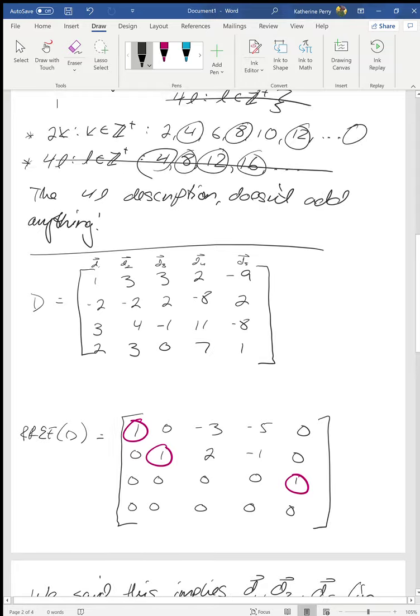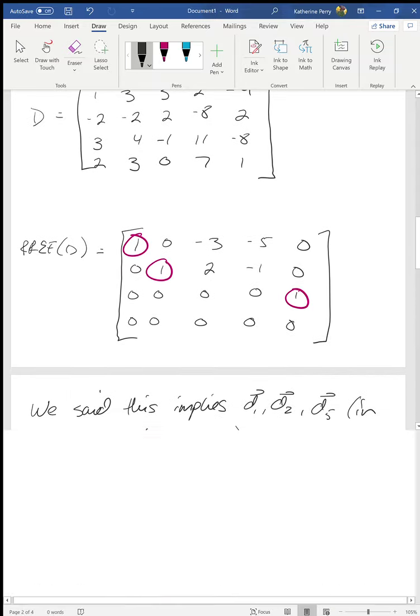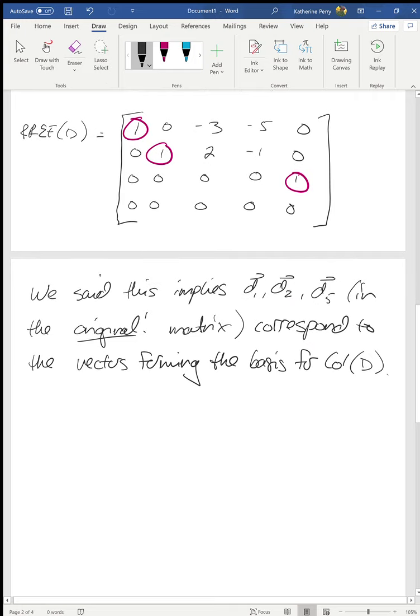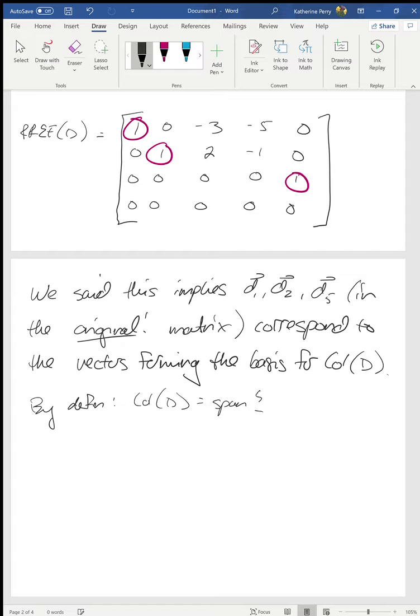And so here, by definition, we know the column space of D is equal to the span of all of its columns, so D1, D2, D3, D4, and D5.